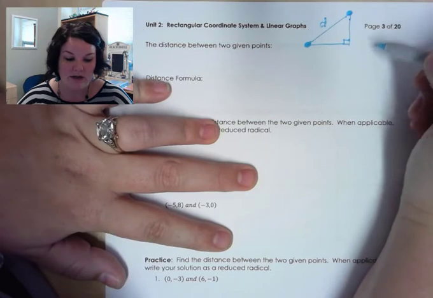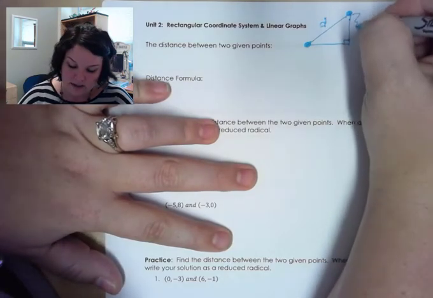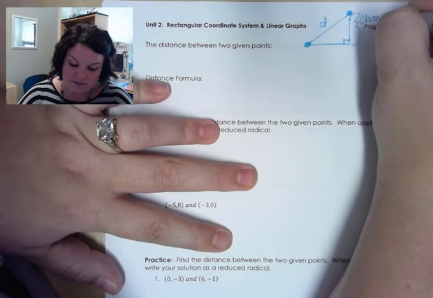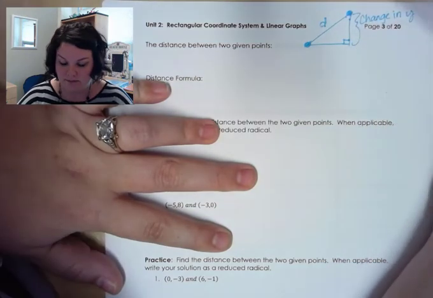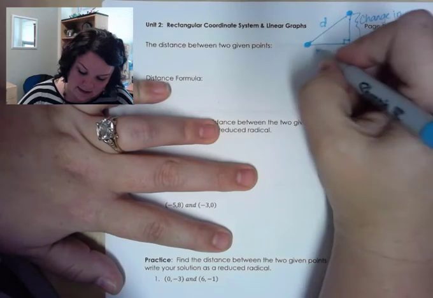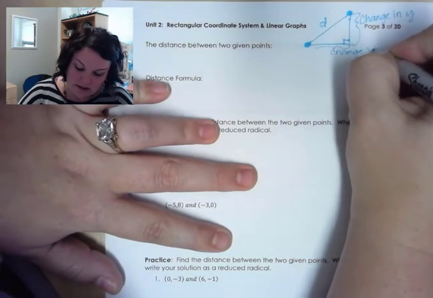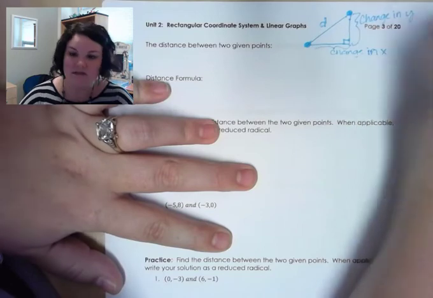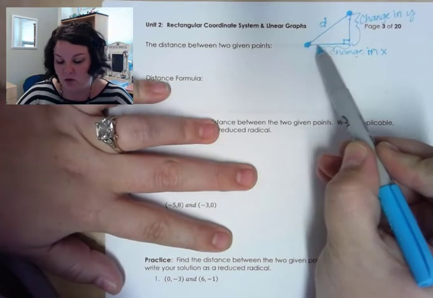And what the Pythagorean theorem says is that this distance, because it's vertical, is the change in y. This is my y going from a y up here down to this y value of that point. And then this distance right here is the change in our x values, because we're going from this point over to this point.